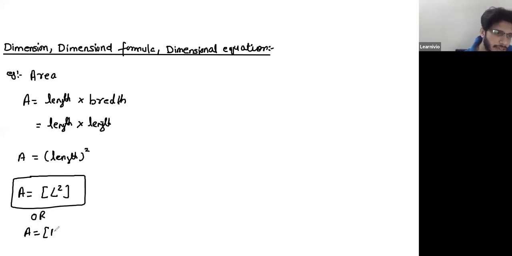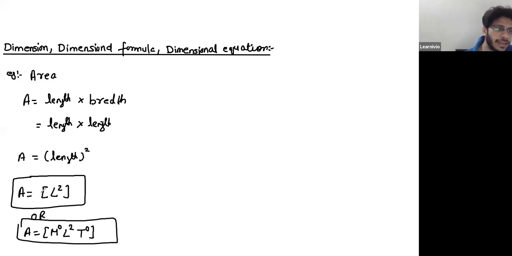So I can write this as M to the power 0, L square, and it's independent of time, so you can write this as T to the power 0. These are two notations in which you can write dimensions. L is length, M is mass, and T is time.